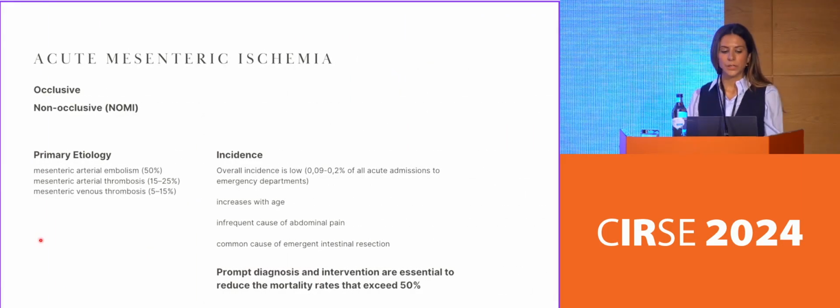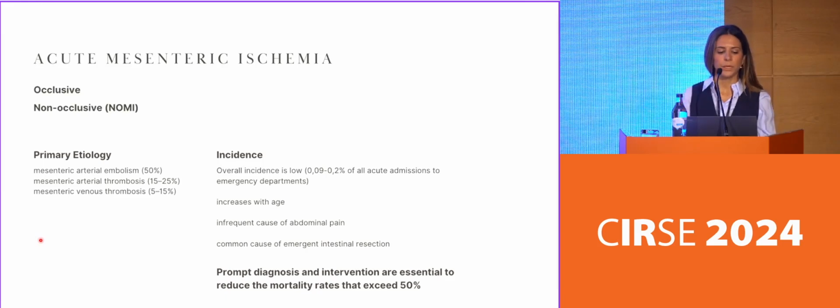We all know that acute mesenteric ischemia can be occlusive and non-occlusive. Actually, it is an umbrella term encompassing a group of diseases characterized by an interruption in the blood flow to different portions of the bowel. It can cause ischemia and secondary inflammatory changes.